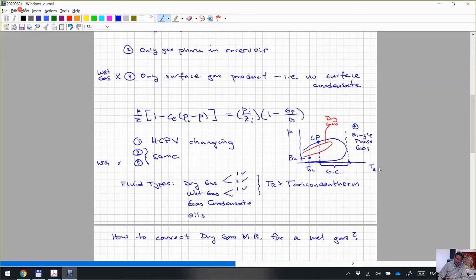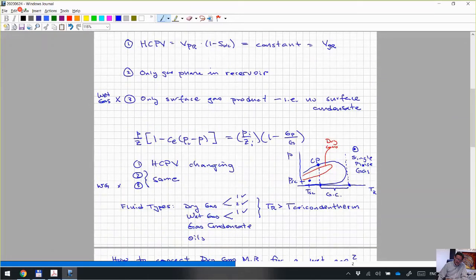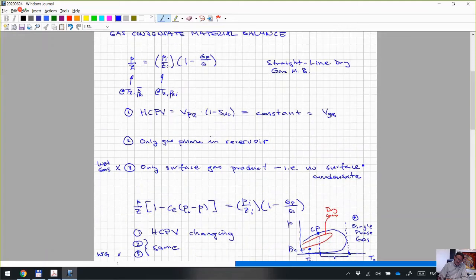The problem with gas condensates is that this combination here, only gas in the reservoir, this gas condensate violates that, right?